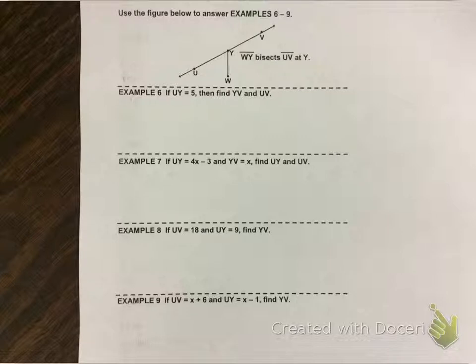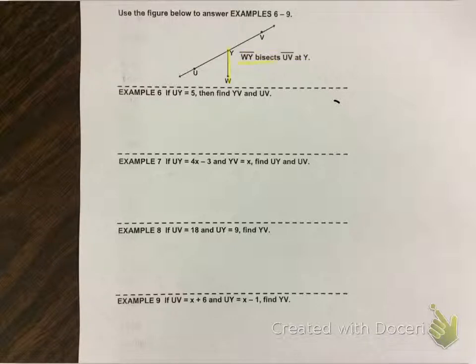A key component is that WY here is a bisector of that point.